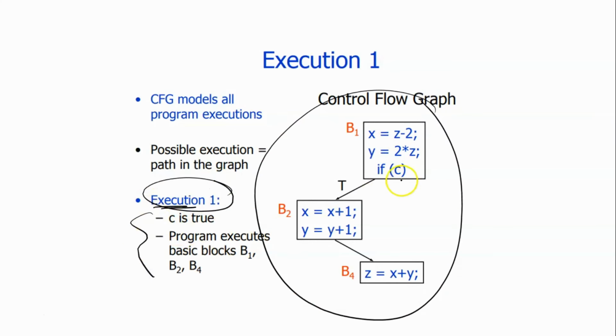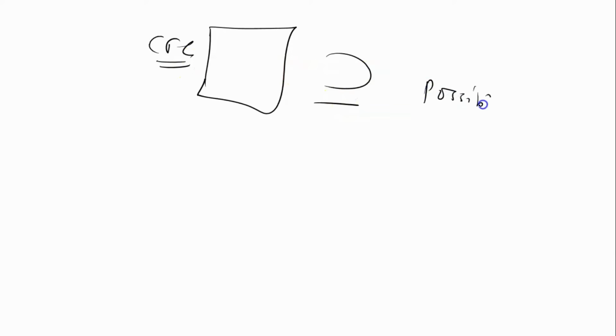Now this control flow graph, as I told you, is not taking any risk. When you are doing static analysis and making this control flow graph, it should cover the superset of the possible executions.